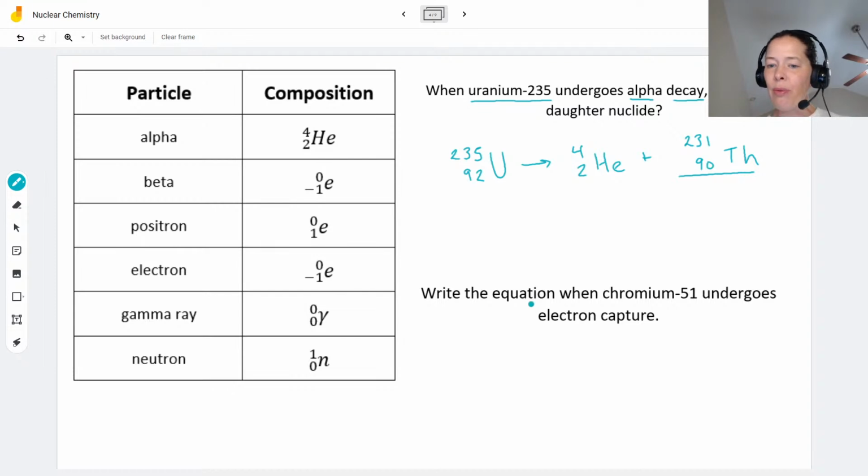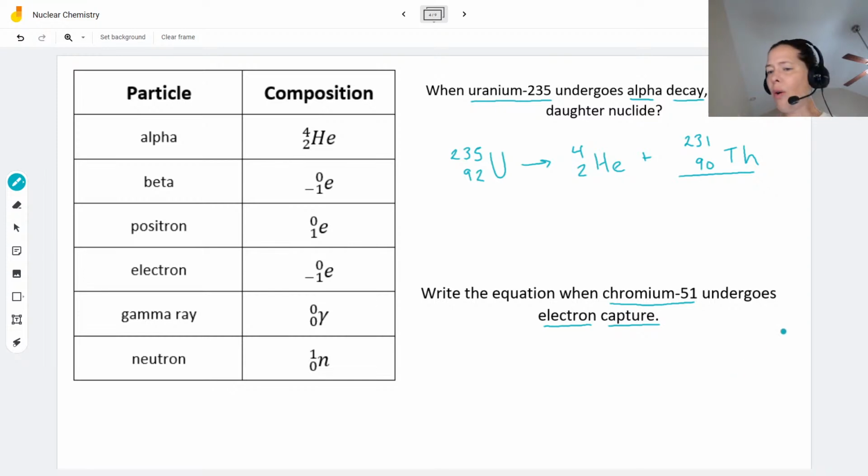Okay, so write the equation when chromium-51 undergoes electron capture. All right, so I have chromium-51. I've got an electron, and it's an electron capture, so it is not a decay, which means my electron is not going to go on the product side, but it's going to go on the reactant side. So this is electron capture, not what we would probably call beta decay. Again, this is where the language can get a little bit confusing.